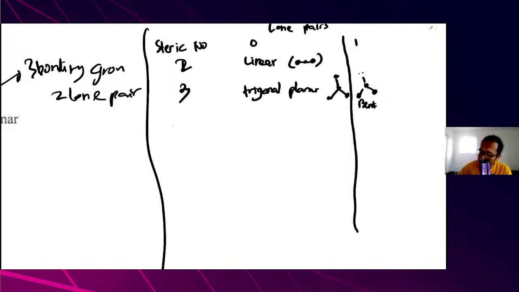How about the steric number 4? If 0 lone pair, it will be tetrahedral. How to show it? Kind of like this, and then this. I just want x, and then x and x. How about if it has 1 lone pair? It will be kind of like this.